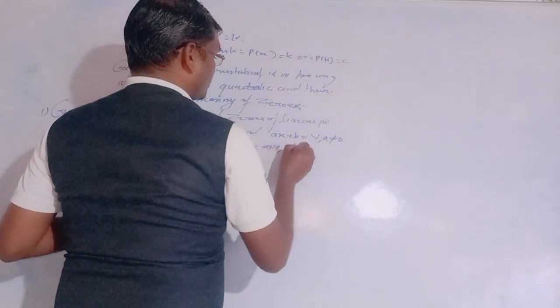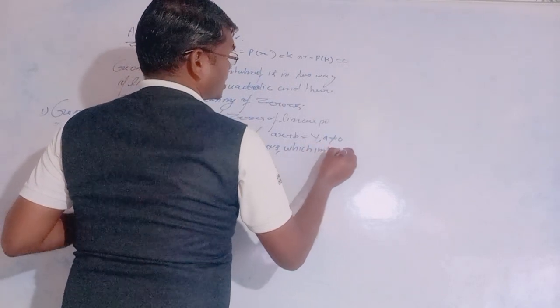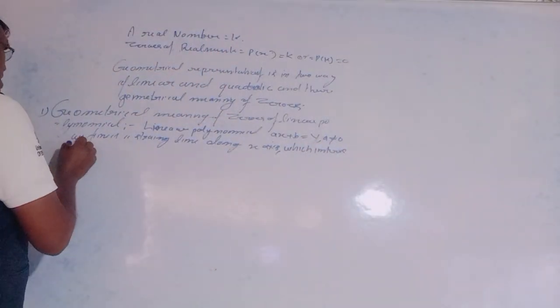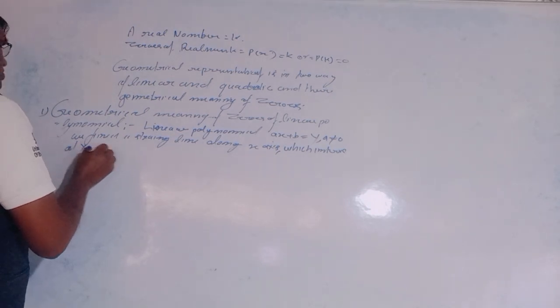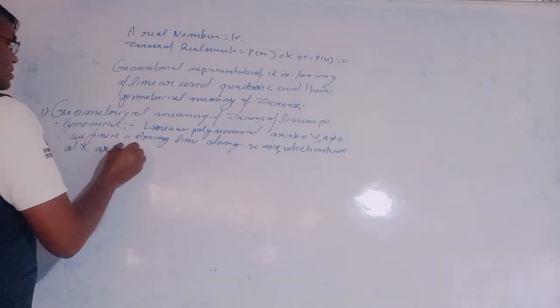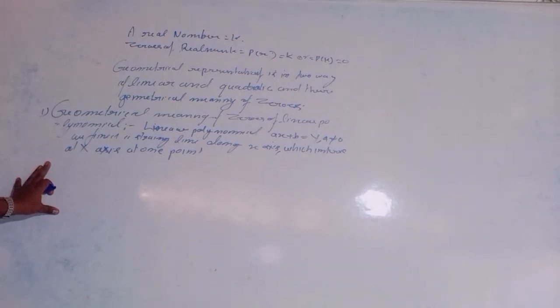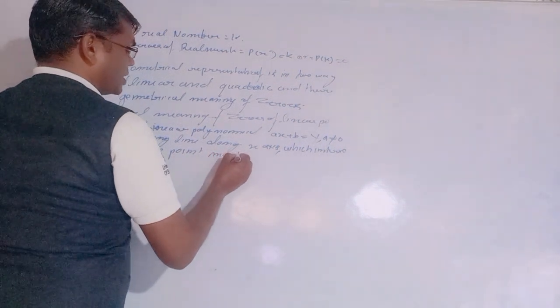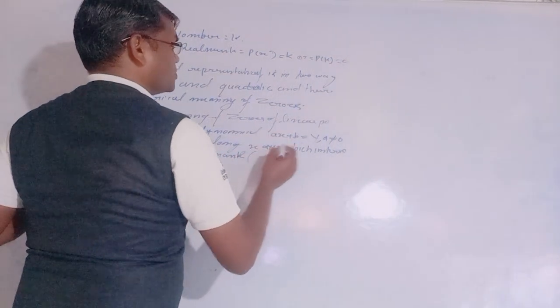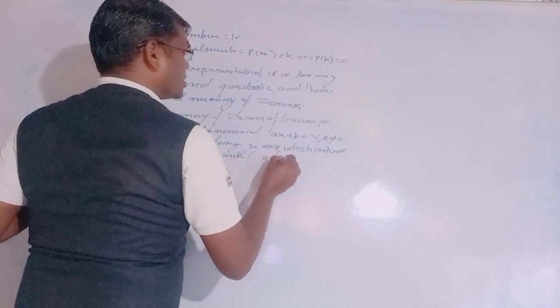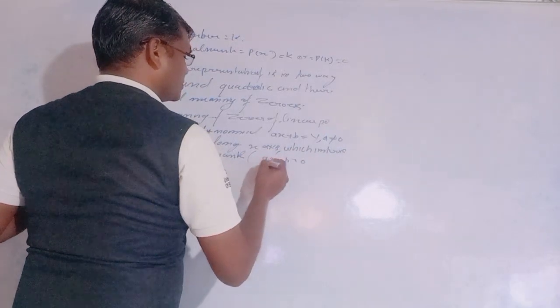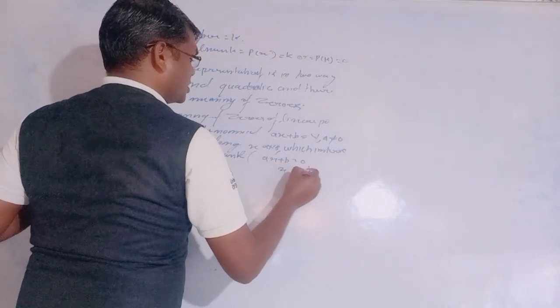Which intersects the x-axis at one point. Here ax plus b is equal to y, so ax plus b is equal to 0, so x is equal to minus b by a.